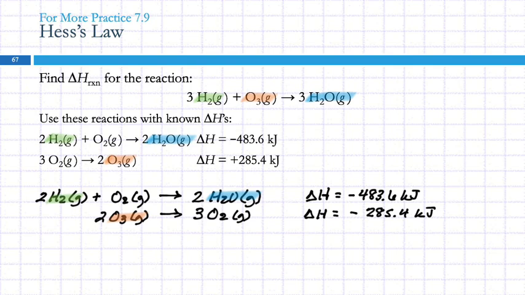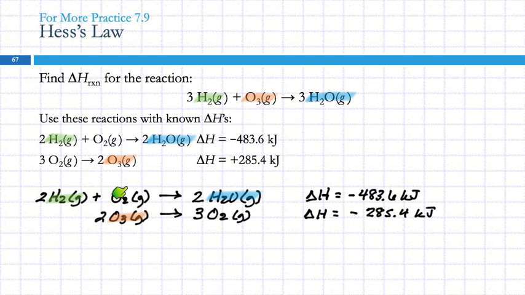Now I need to get rid of the things that aren't highlighted. I need to get rid of the oxygens. And I ultimately want to get the coefficients to match this equation. Well, this side has 3 oxygens, and that side has 1. We want 3 as the coefficient for hydrogen, and we've got 2. We could multiply by a fraction, but I'm not going to because I think it's harder that way.